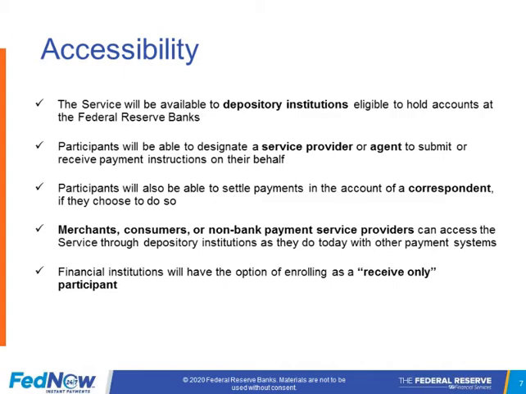Thanks, Jane. So we are currently finalizing our technology strategy, and I can tell you that the strategy will incorporate a blend of internal Federal Reserve resources and also partnerships with external vendors.